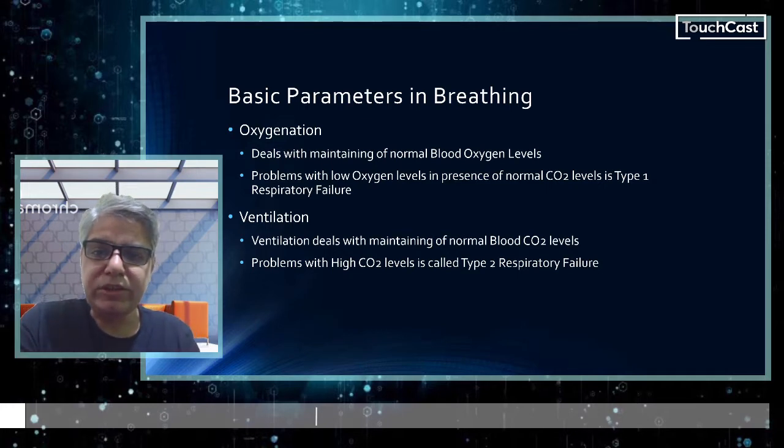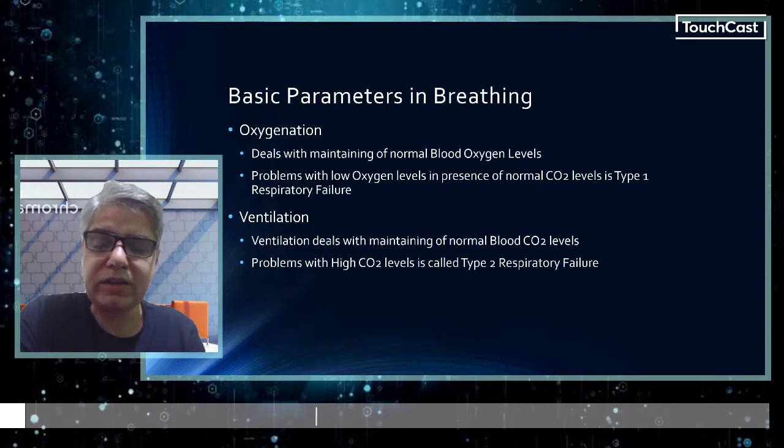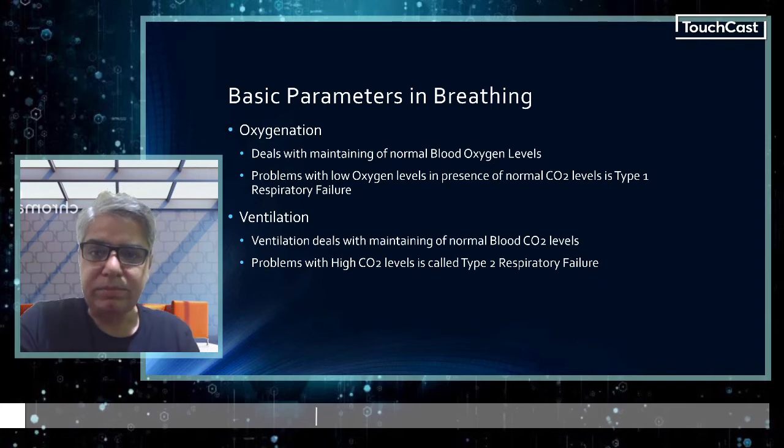Now remember, ventilation problems deal with high carbon dioxide levels, and we call that type 2 respiratory failure. Type 2 respiratory failure can have a normal or a low oxygen level, but the basic pathology in type 2 failure is a high level of carbon dioxide in the blood. So you would have more than 6 kPa or more than 45 millimeters of mercury of carbon dioxide in your blood sample.